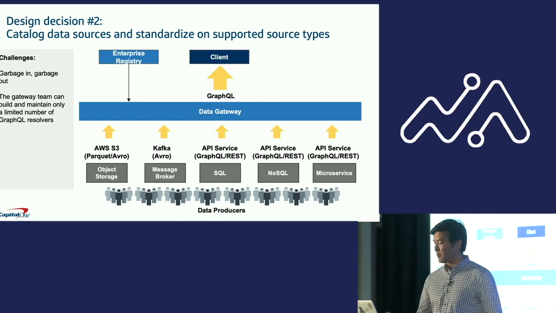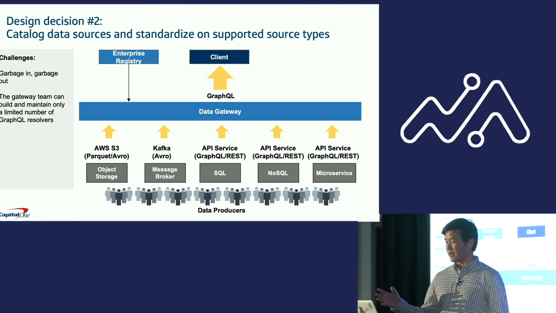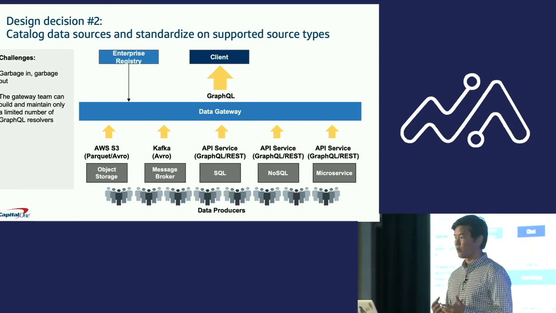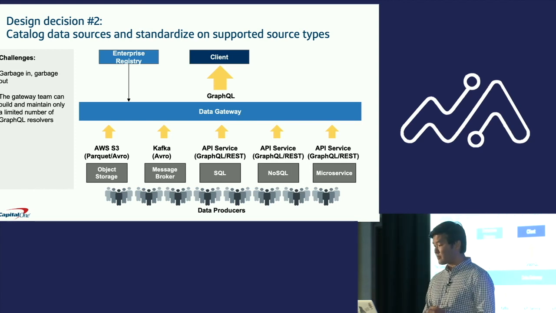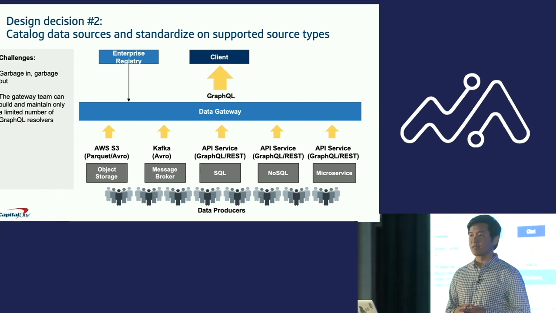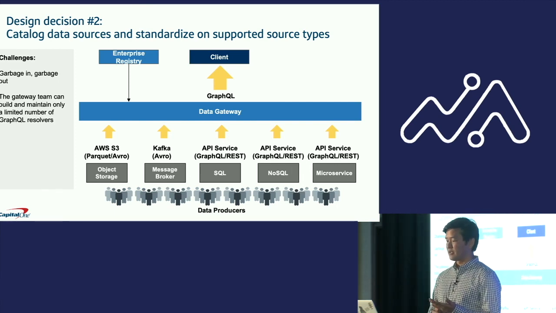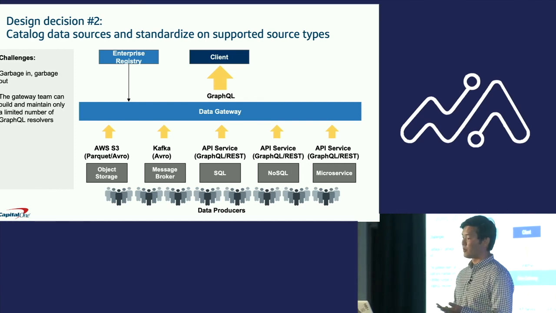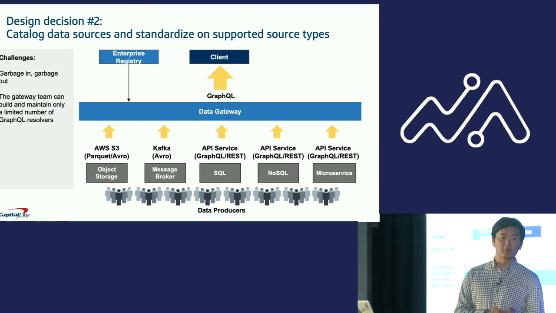Therefore, in order to make the gateway just work, as the standardized source type, we preferred something that has a strong type or a schema. And all the data that gets hooked up into the gateway needs to be registered in our enterprise registry. That includes not just the data on our data lake, but also your microservices, including your REST endpoint.